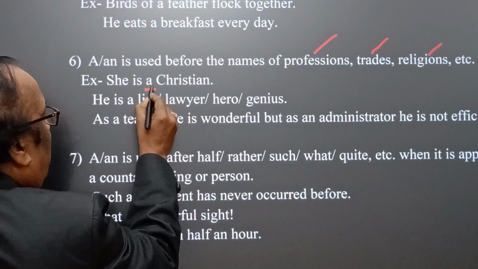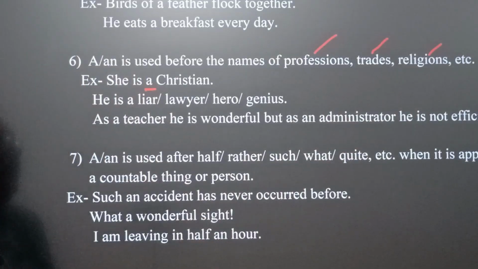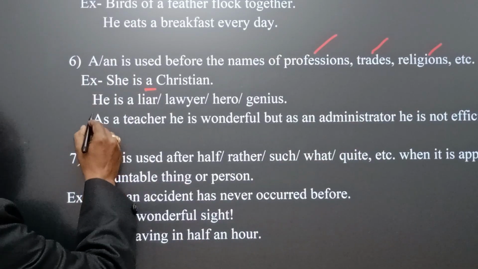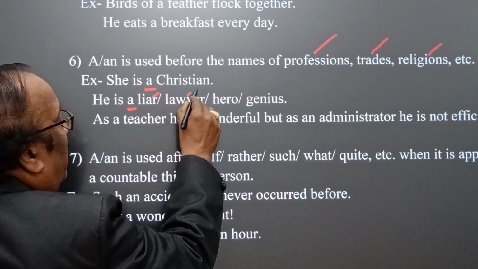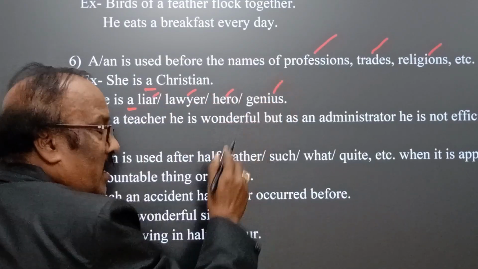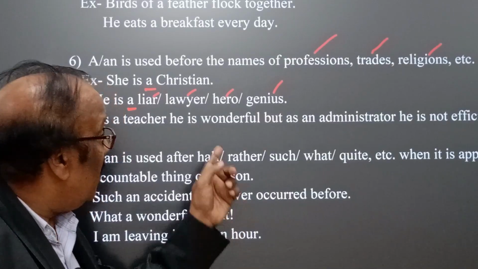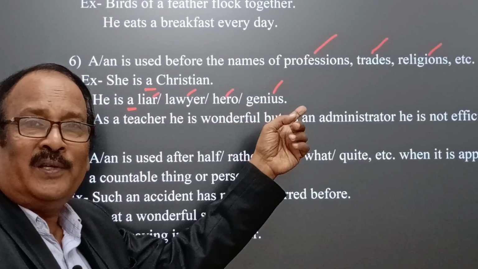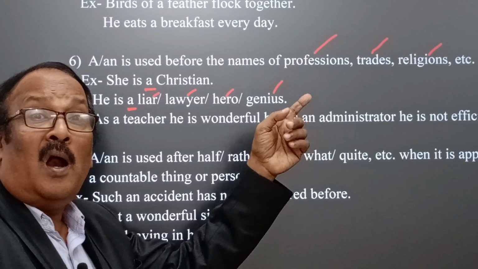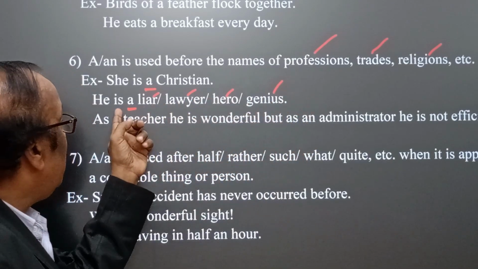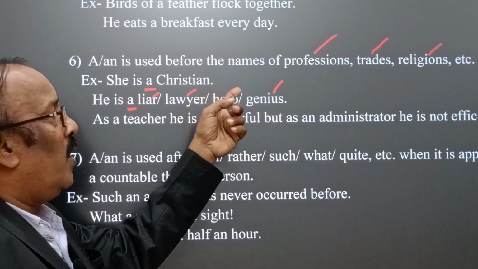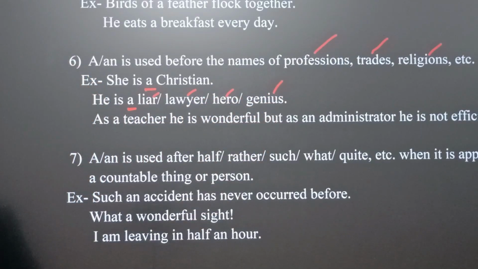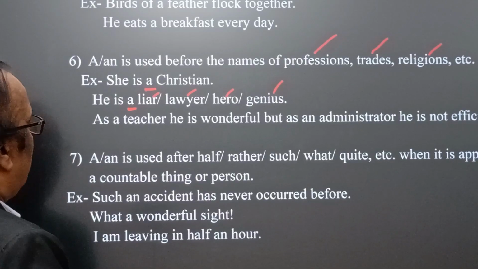This is about indicating a religion. He is a liar, or a lawyer, or a hero. You see here, hero, genius, he is a genius. Here we find that a is used before these professions, religions or trades, etc.